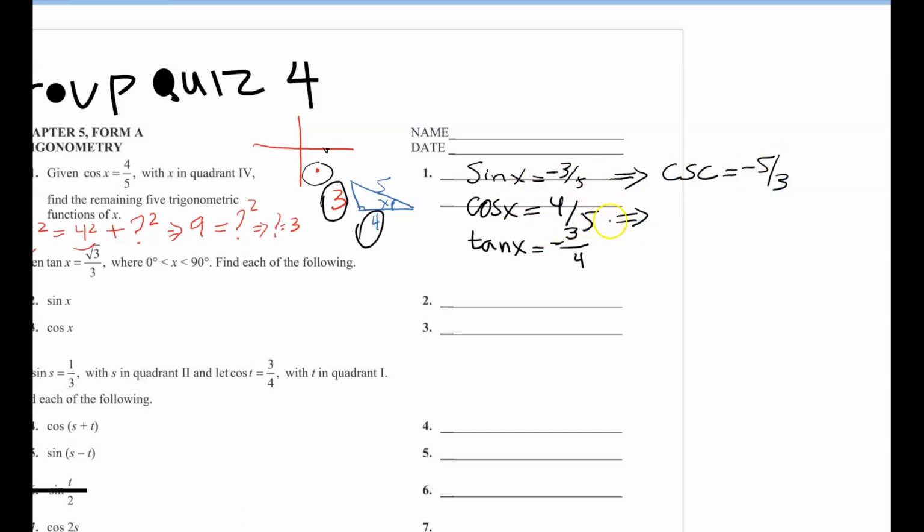If cosine is 4/5, secant is 5/4. If tan is -3/4, cotangent x is -4/3.